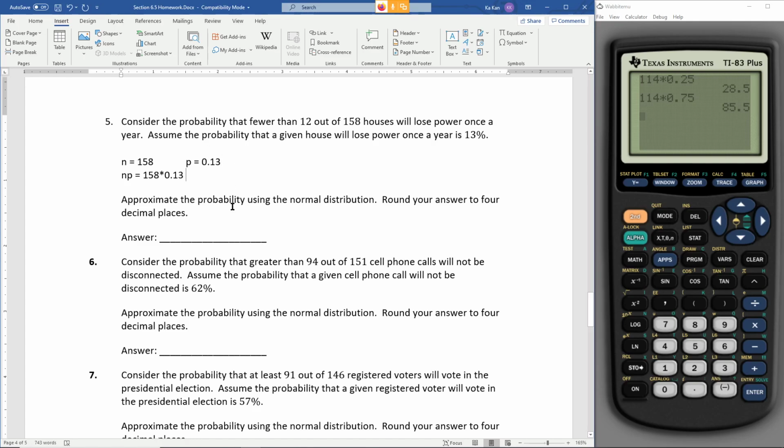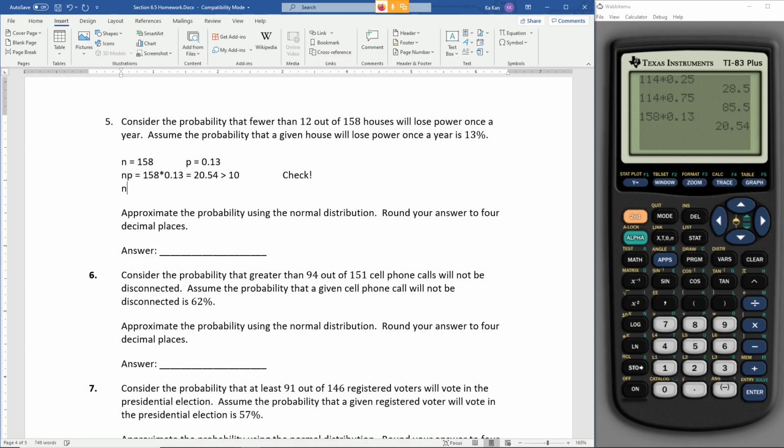We've got this is equal to 158 times 0.13, which is 20.54. That's bigger than 10. So check. Let's try p times 1 minus p. So that'd be 158 times, and 1 minus 0.13 would be 0.87.